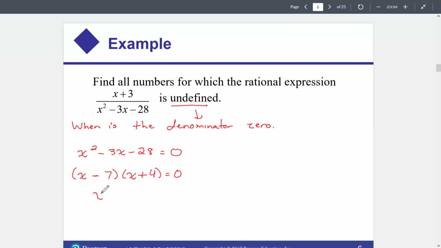If we solve this, either x is 7 or x is -4.